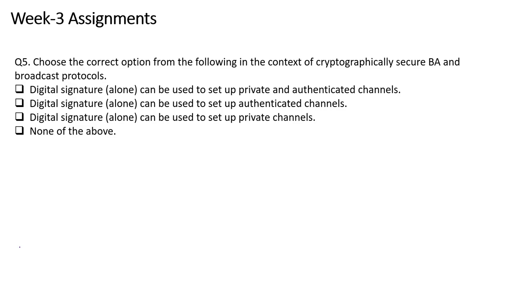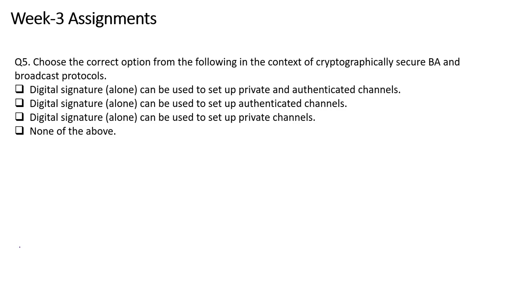Choose the correct option from the following in the context of cryptographically secure Byzantine agreement and broadcast protocols. Digital signature alone can be used to set up private and authenticated channels. Okay, so digital signature is just to ensure authenticity of a message, right? But it does not do anything about privacy.